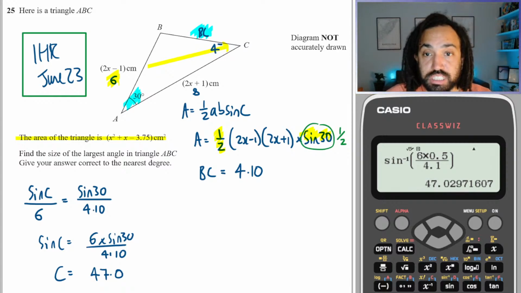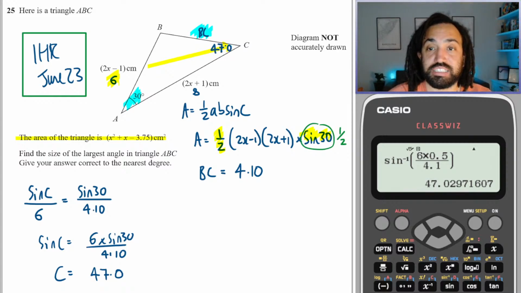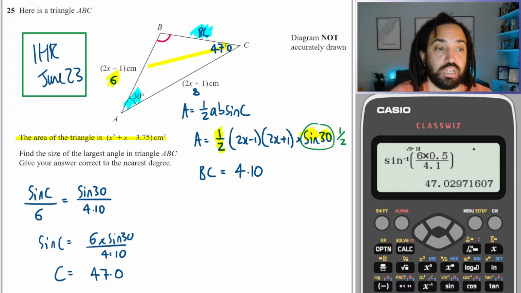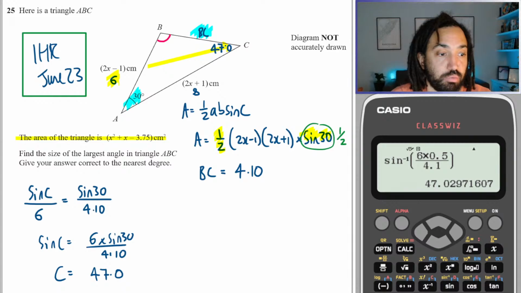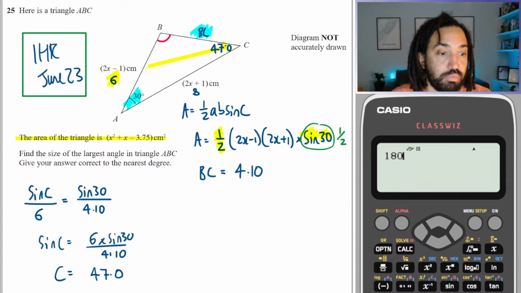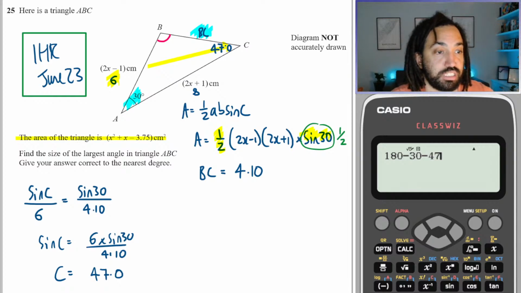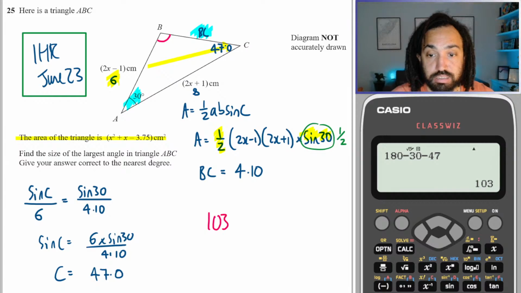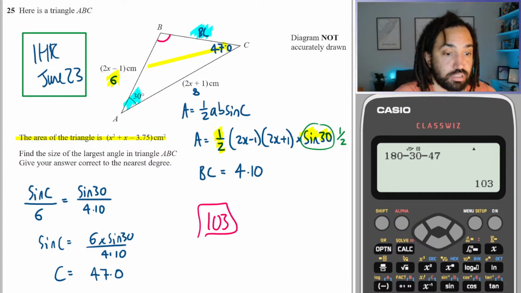So if that's 47.0, then in fact it was this side, and this angle is the largest angle. So I can do that by doing 180 minus the two angles I know, which are 30 and 47. So I get 103. To the nearest degree is the answer. Beautiful.